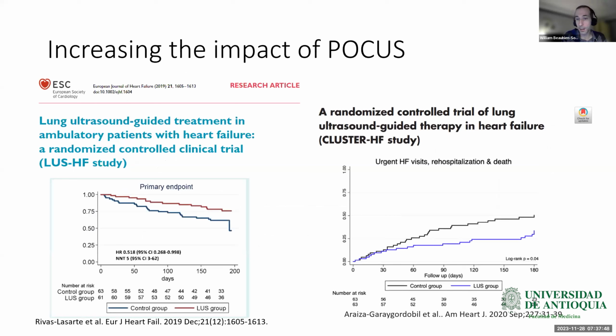There are no trials yet integrating venous Doppler assessment, but we have some preliminary trials integrating lung ultrasound. Integrating lung ultrasound into your cardiology clinic seems to have an impact, with two pilot trials showing that it seems to reduce urgent heart failure visits to the emergency room and rehospitalization in patients with known heart failure.